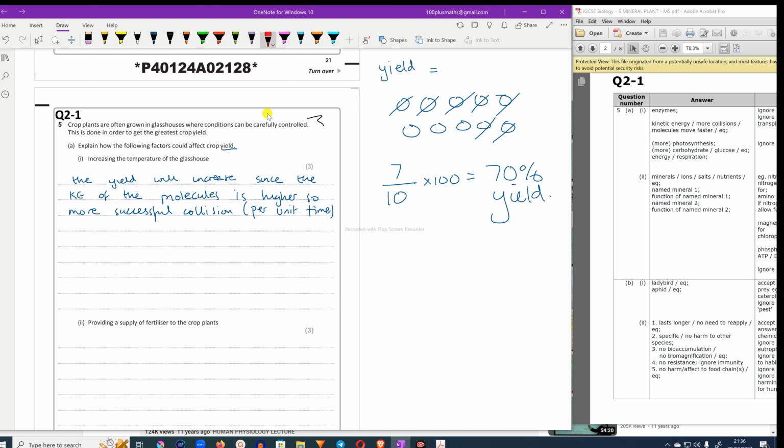Now, what does that mean? So if the carbon dioxide is moving faster and the water vapor is moving faster and everything's moving quicker, the water molecules can get absorbed quicker. This means what?